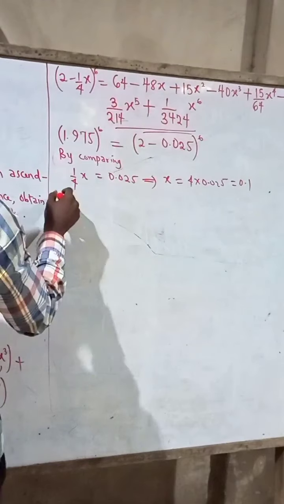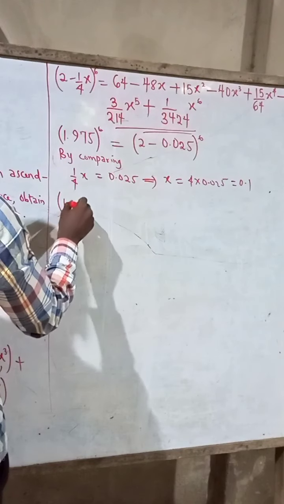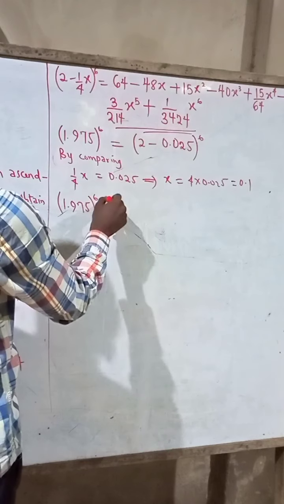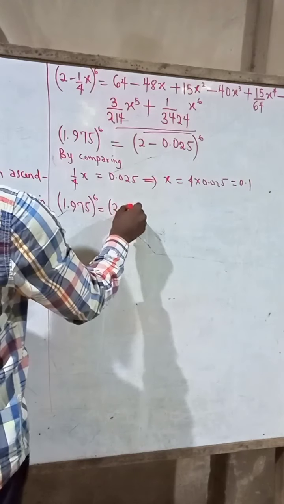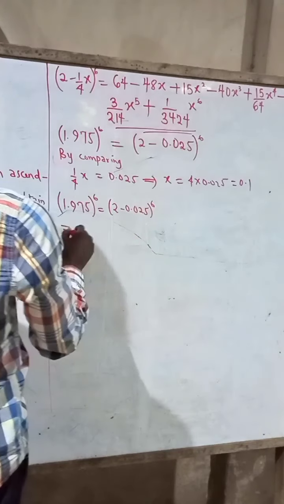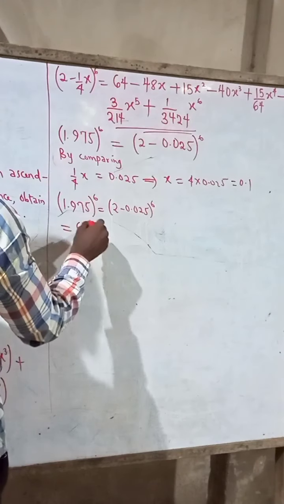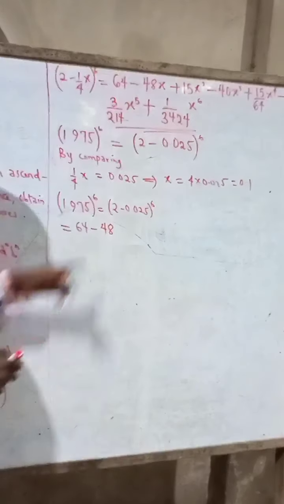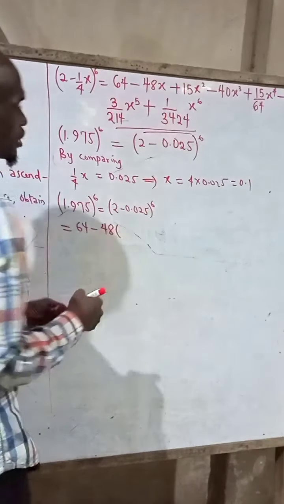So 1.975 raised to the power of 6, which is the same thing as 2 minus 0.025 raised to the power of 6, will be equal to 64 minus 48 bracket x.